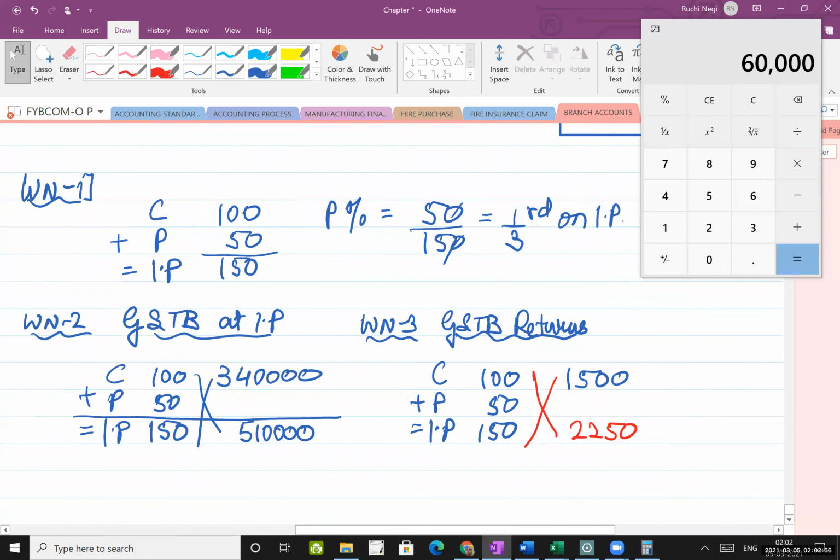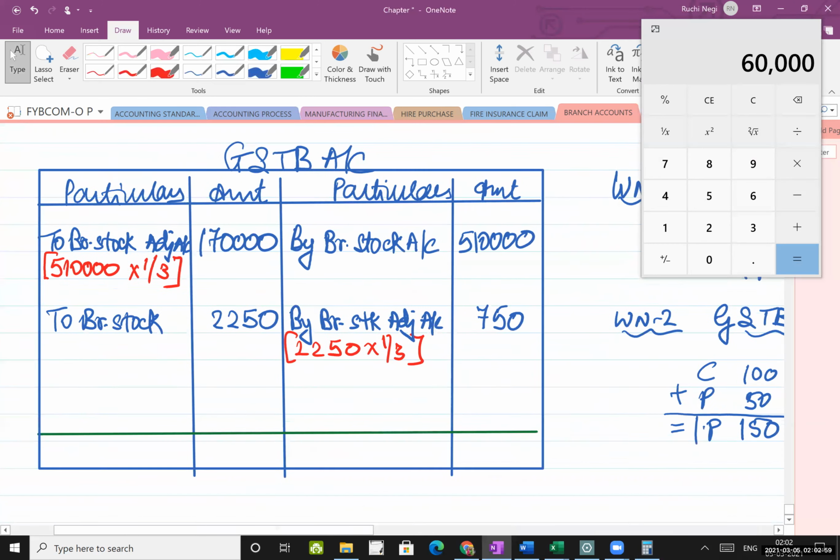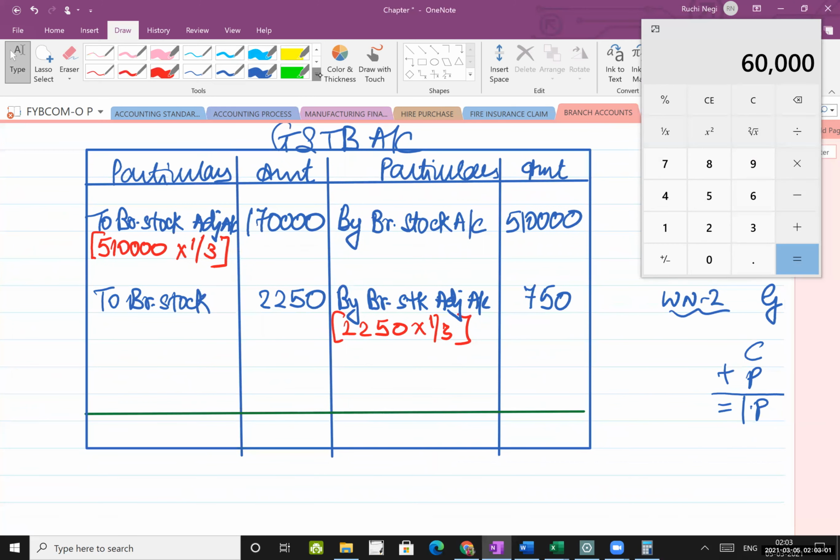We have a GSTB account with us. Close this also. This is how much? 5 lakh 10 plus 750, 5 lakh 10,750 minus the debit side, 1 lakh 70 minus 2250. So 3 lakh 38,500.